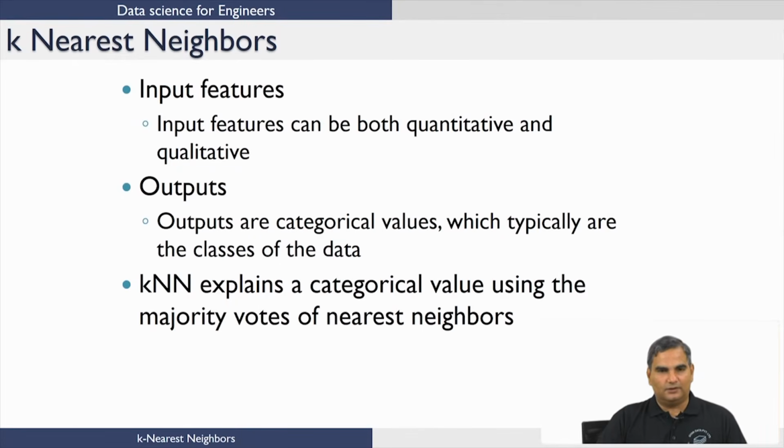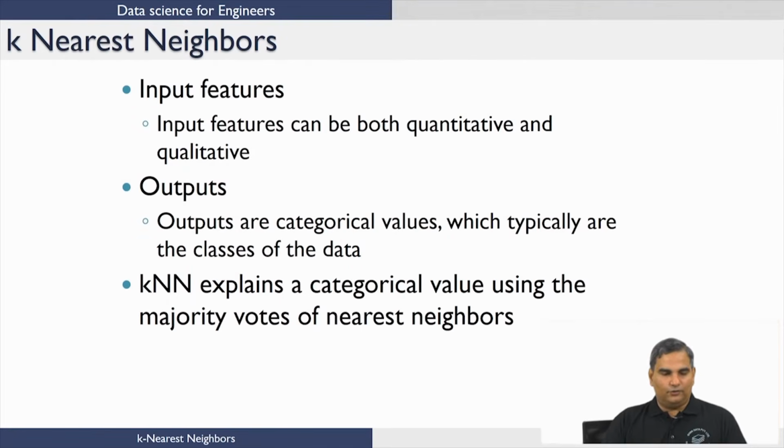You could also use it with very simple extensions or simple definitions for function approximation problems also, and you will see as I describe this algorithm how it could be adapted for function approximation problems quite easily. Nonetheless, as far as this lecture is concerned, we are going to say the outputs are categorical values, which basically says different classes and what class this data point belongs to.